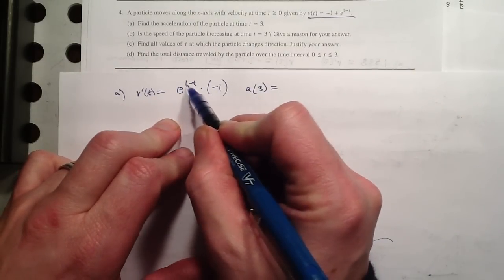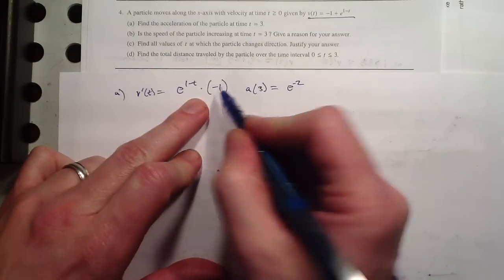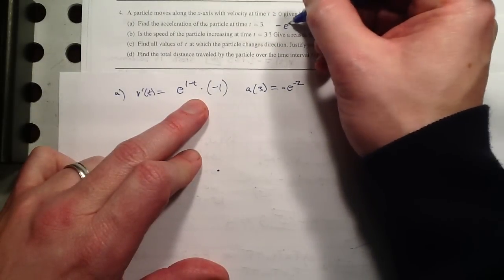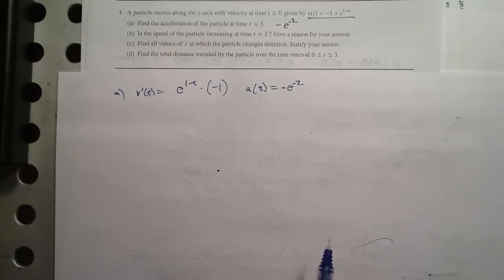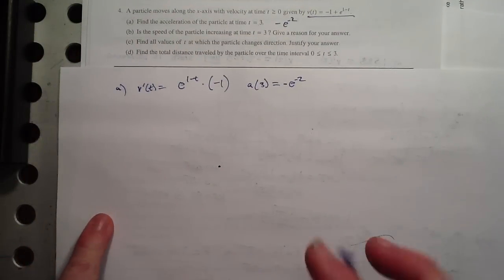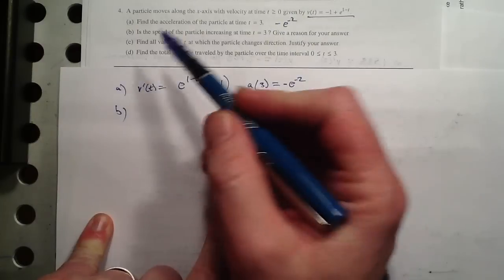That would be e to the 1 minus 3, e to the negative 2 times negative 1. That would be negative e to the negative 2. Okay. And we can't give a numerical equivalent or decimal approximation of that because we are not allowed to use our calculator on this problem.